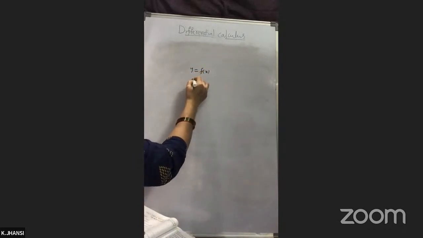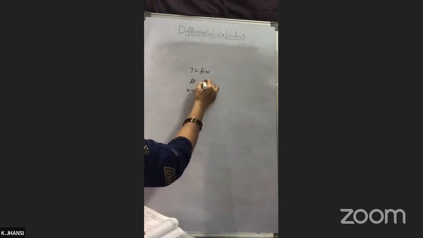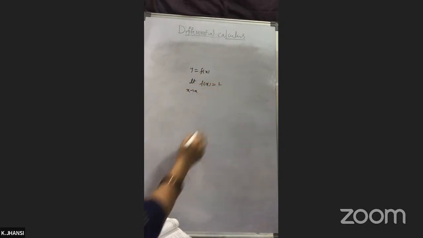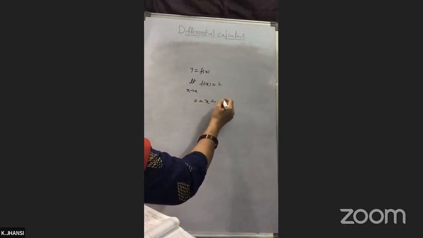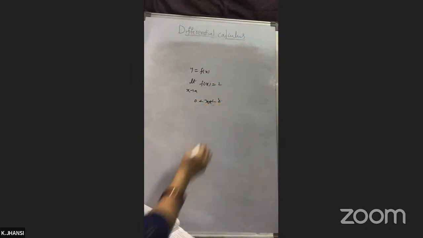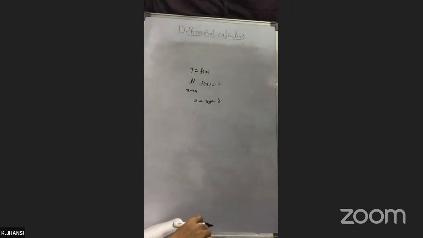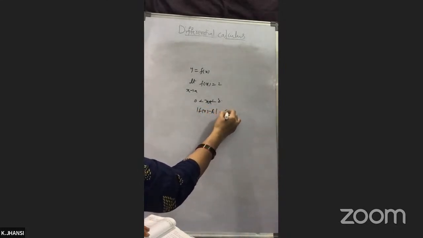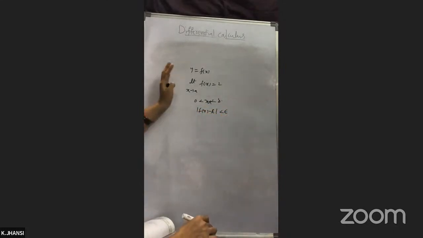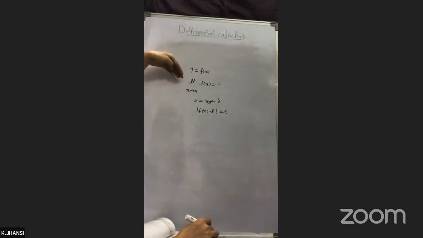The limit formula was limit x tends to a, f of x equals L. And here we got 0 less than mod x minus a less than delta. These are all the conditions we have seen, and also mod f of x minus L less than epsilon. For the limit, the definition we have is for only one function.